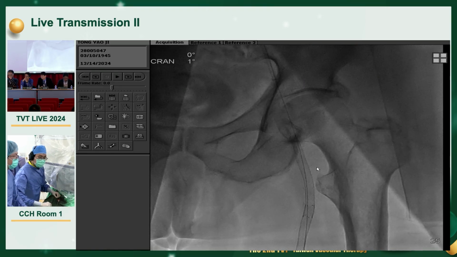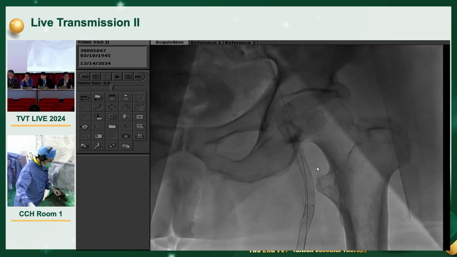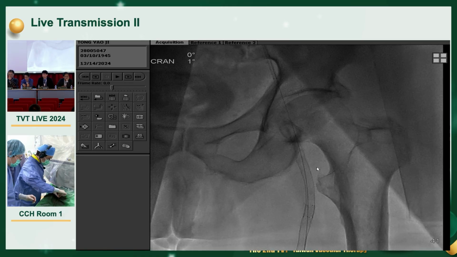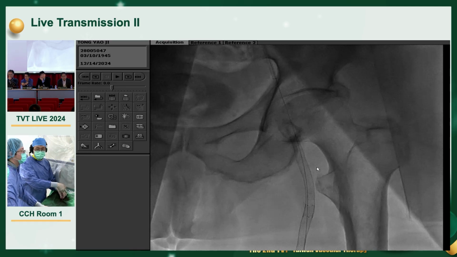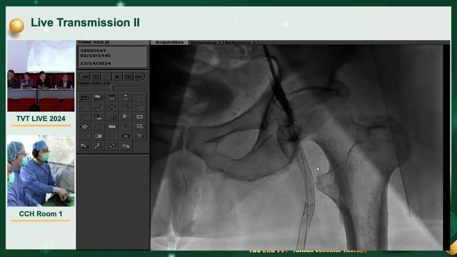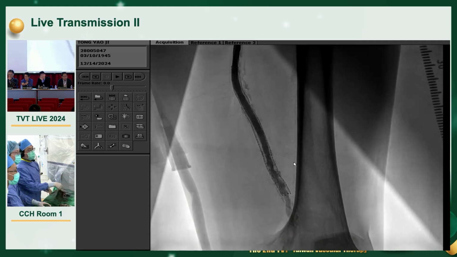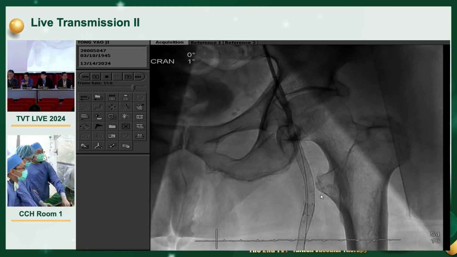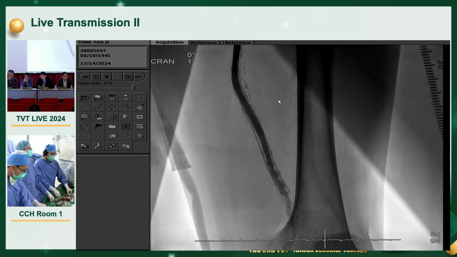Now we deflate the balloon and inject the angio again. Okay. Now we can see the flow is relatively slow.